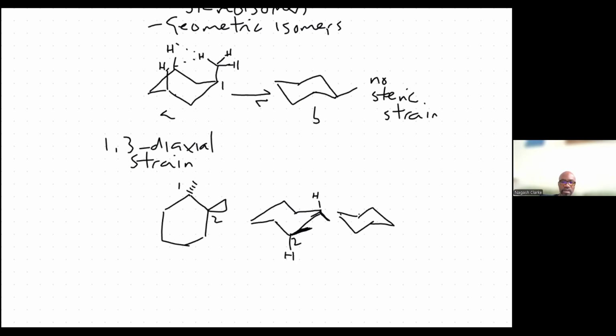So now let's look at our ring flip. Let's call this carbon one, carbon two. Now this carbon one, since it's equatorial down, is going to be axial down. And carbon two, since it's equatorial up, is going to be axial up. A, B. So which is more stable?